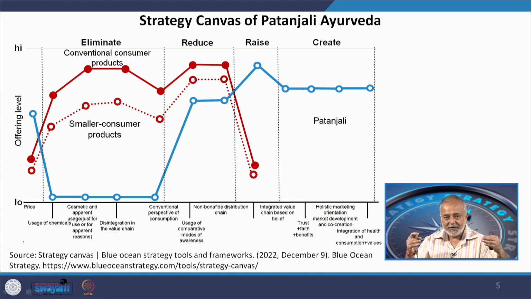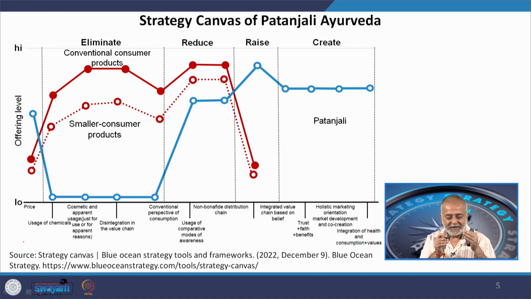The value chain is completely integrated, starting from supplies to production to distribution, and Patanjali created a composite value around its products, and integrated value around its products throughout when they reach the retail and are marketed for the customers as such.